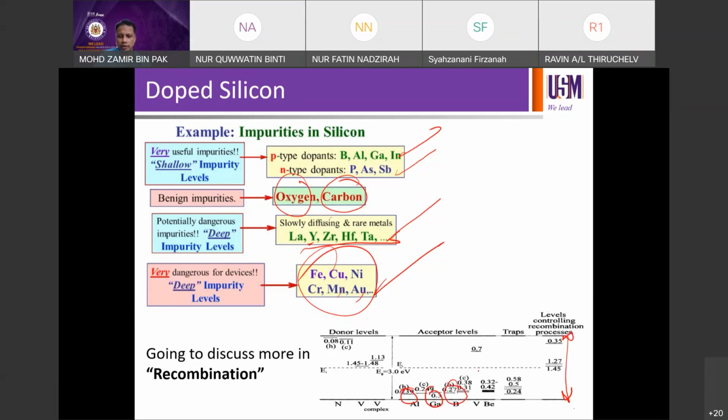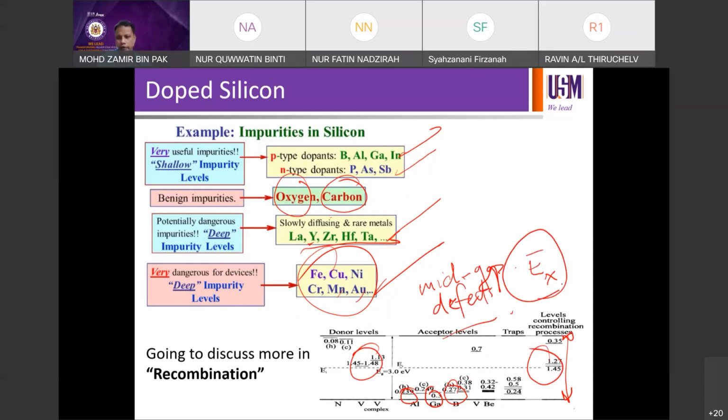Those which are dangerous or detrimental to devices will normally sit close to the center of your band gap. Okay, close to the center, or we call them mid-gap defects. That means the energy state of X, whatever, is close to the center of the band gap. They are considered as deep level impurities, deep level defects, and they are dangerous to the devices.